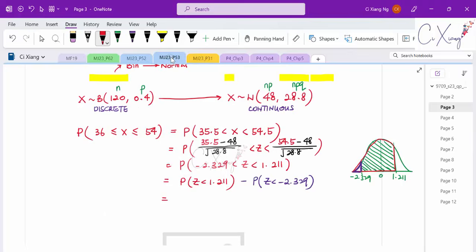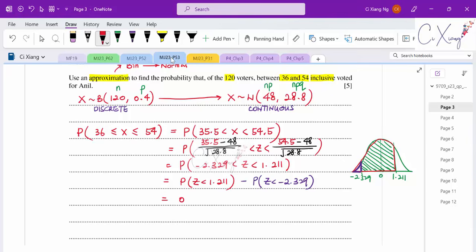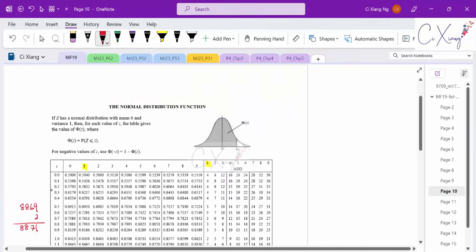So when you write it out in the probability part, it will be 0.8871. Then minus, for this area, it is a small area in our graph, and you can see that the value of Z is a negative value. But if you look at the normal table, all values of Z are positive.